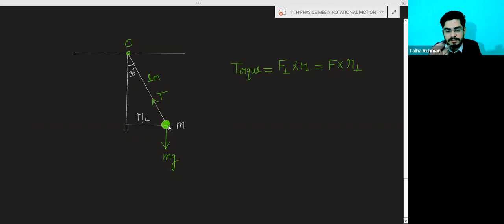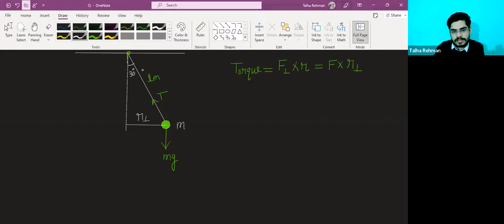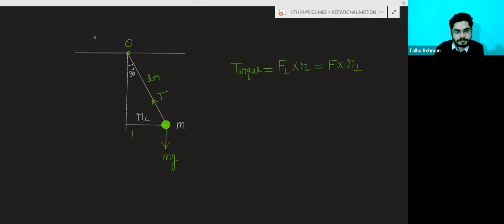So can we find R perpendicular from this triangle? The R perpendicular value will be, this is 1, and along this direction it will be 1 cos theta and this will be 1 sin theta. So it will be 1 sin 30.